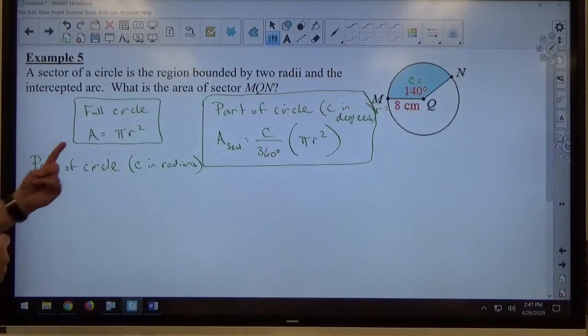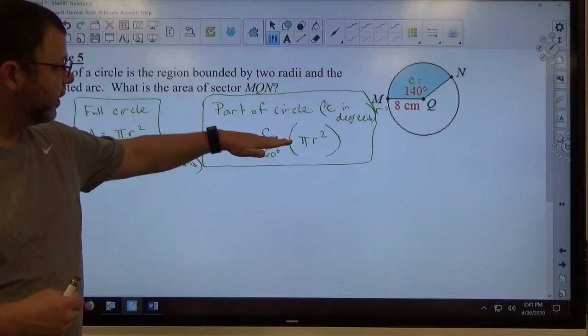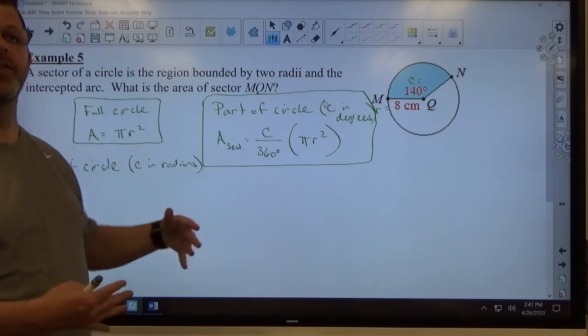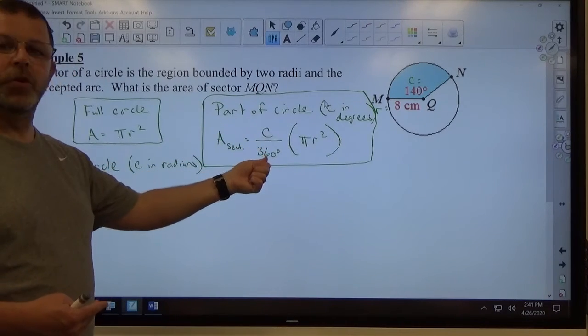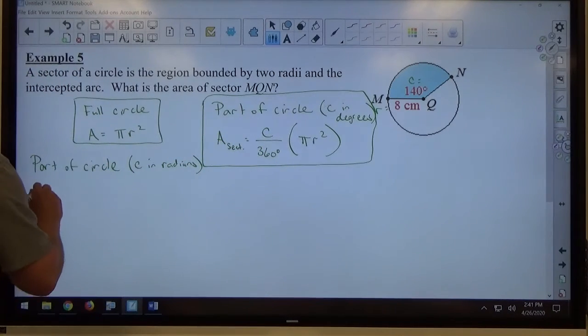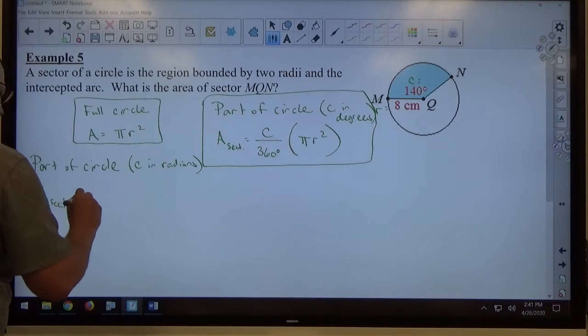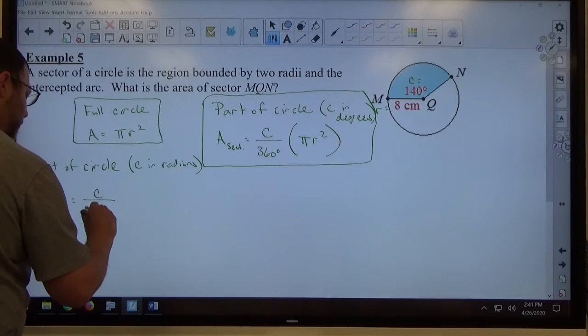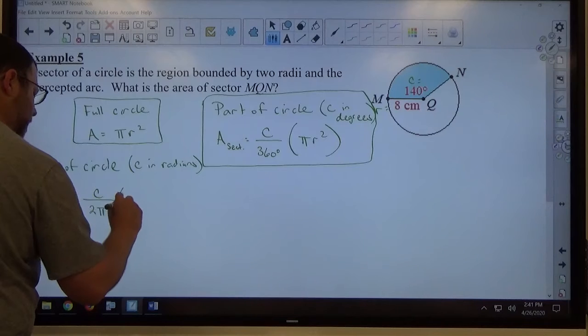The only difference between the radians and the degrees rule is that instead of C being divided by 360 degrees, if C is in radians, we have to divide by 2 pi radians. So the formula for the area of the sector would be C over 2 pi times pi r squared.